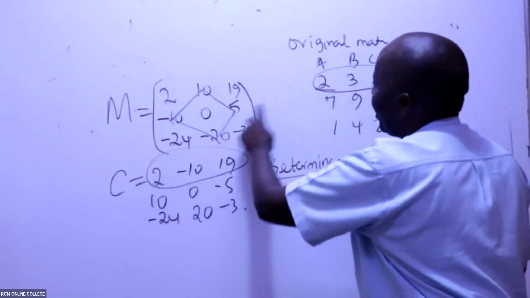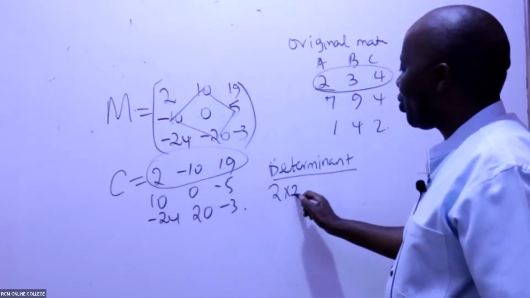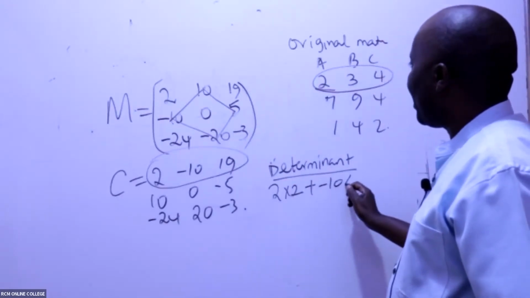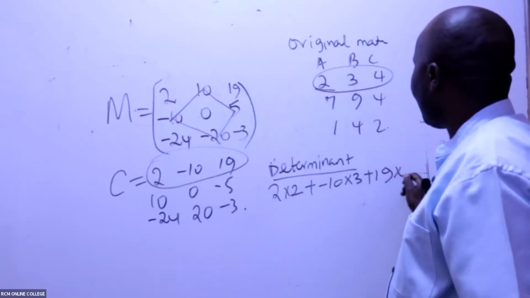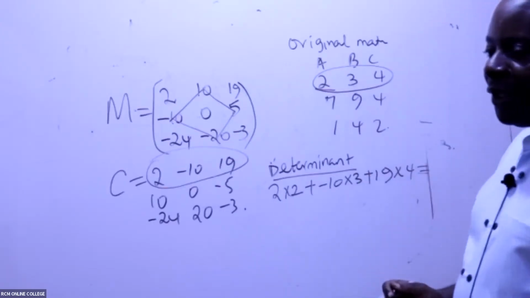So it will be 2 times 2, plus minus 10 times 3, plus, in this case, 19 times 4. Are you able to give me this answer?